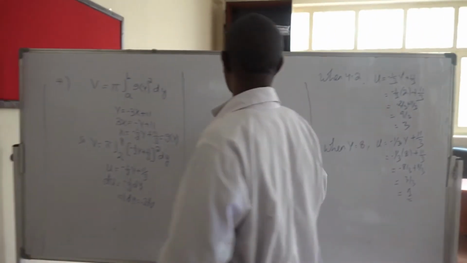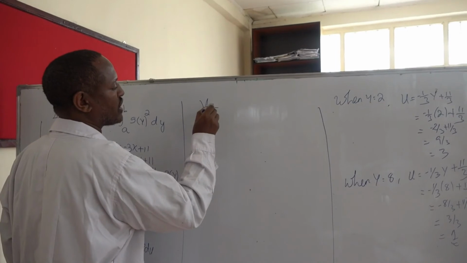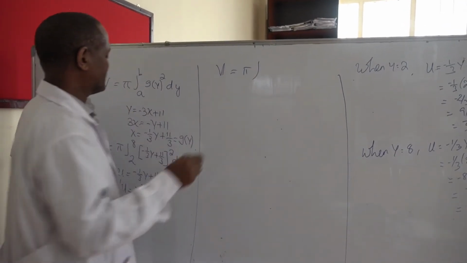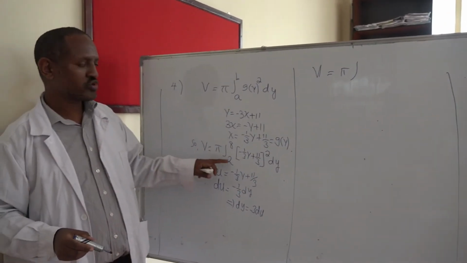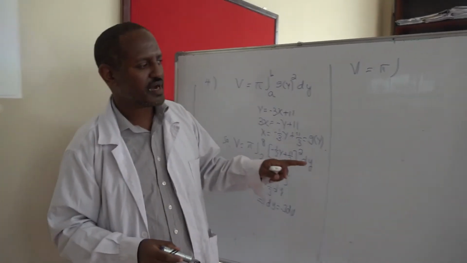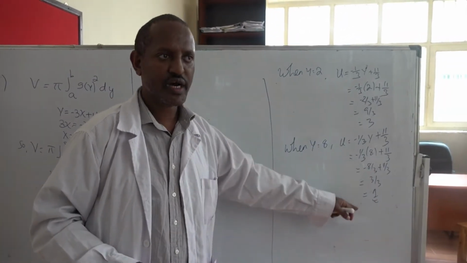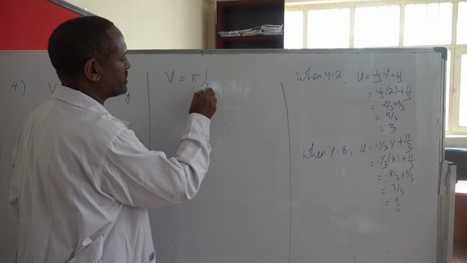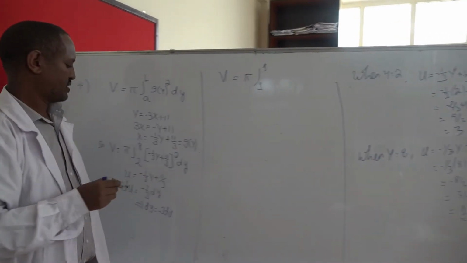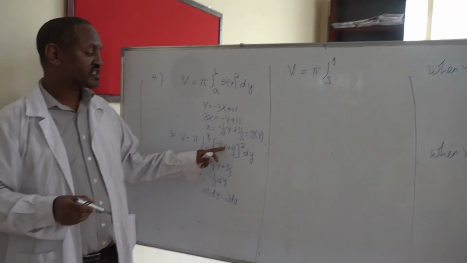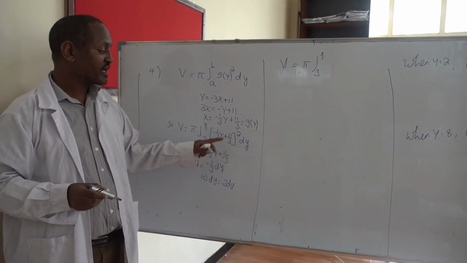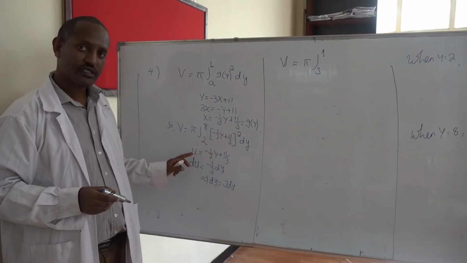Therefore, the volume will be equal to pi times the integral from 2 to 8, which will be replaced by from 3 to 1, of minus 1 over 3y plus 11 over 3, the whole square, but this expression is u.